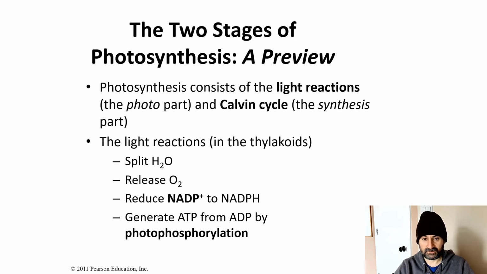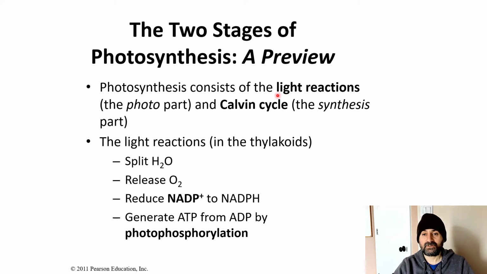What else do we want to know about photosynthesis? We want to know this. If I ask you, what are the steps, what are the major components of photosynthesis, you should know that there are two major components to photosynthesis, two major stages, right?